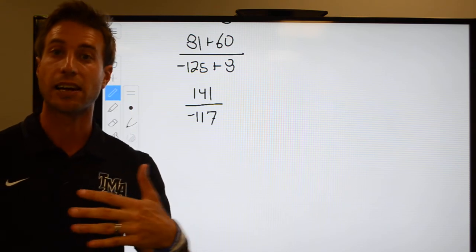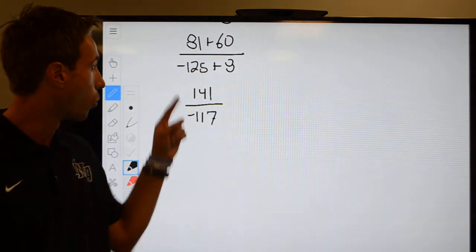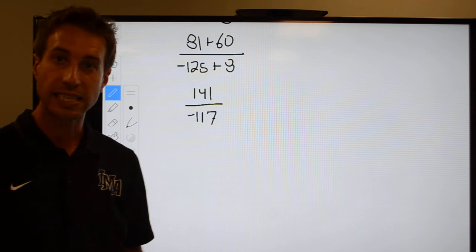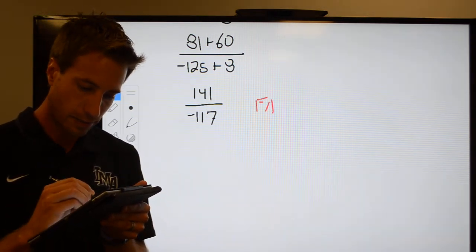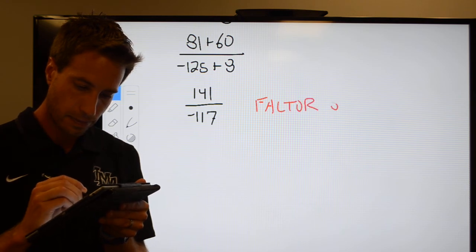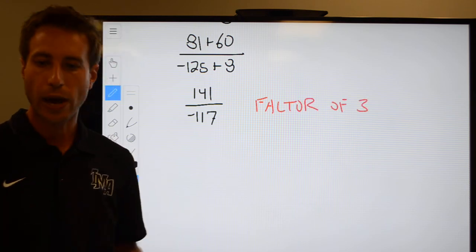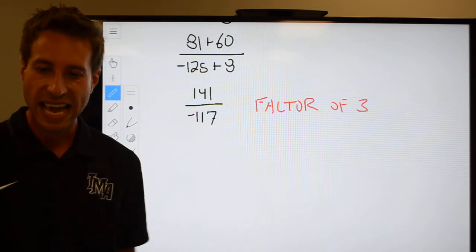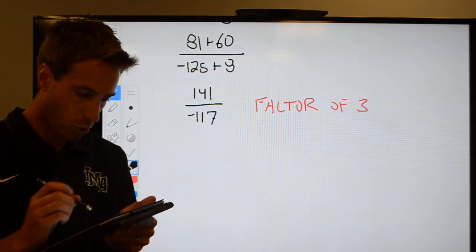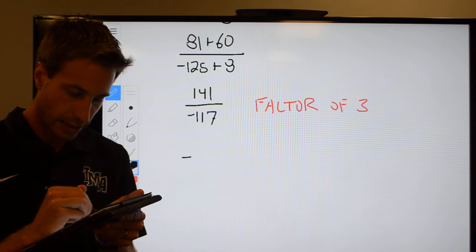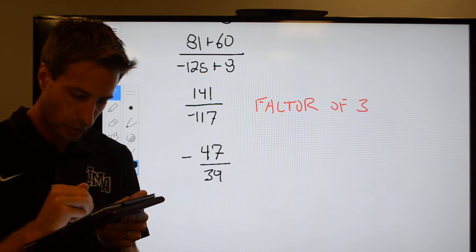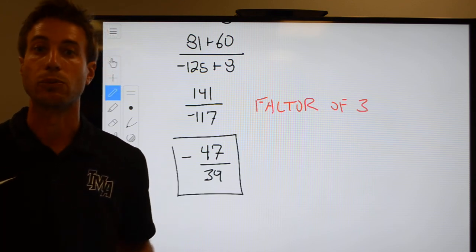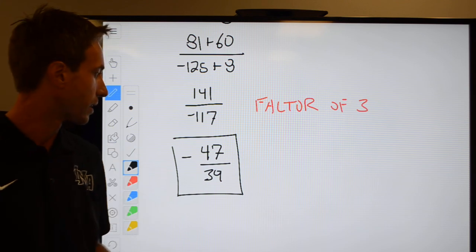We're going to take care of the division now. 141 and -117 actually have a factor of 3 in common. So we're going to pull a 3 out of the top and out of the bottom, and what you wind up with is -47 over 39, and that is going to be your completely reduced fraction, negative 47 over 39.